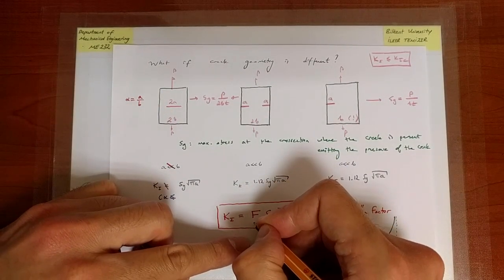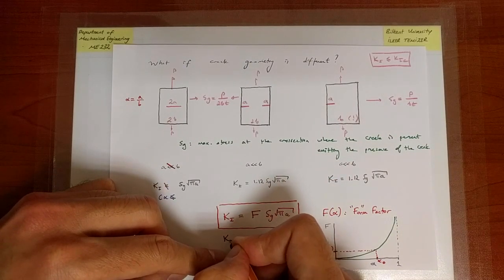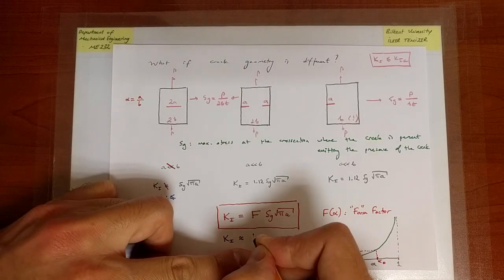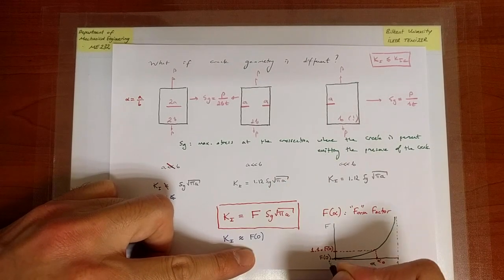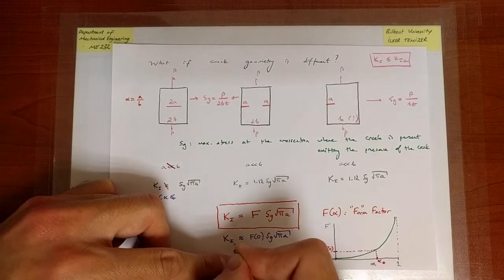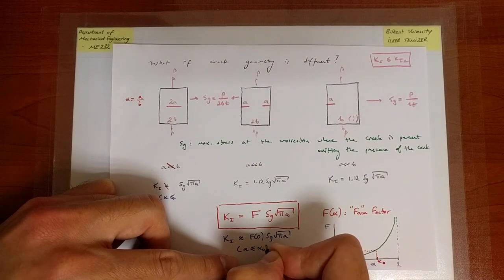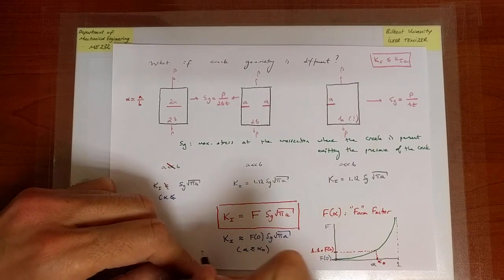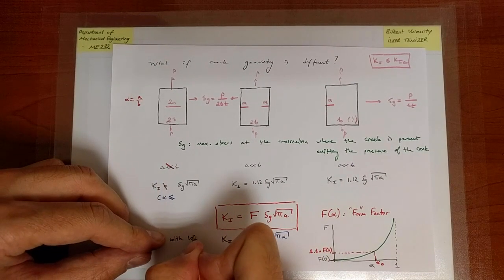So let me write it here first. K1 is approximately equal to F of 0 SG root pi a if alpha is less than or equal to alpha 0, and the error I'm making here is 10%.